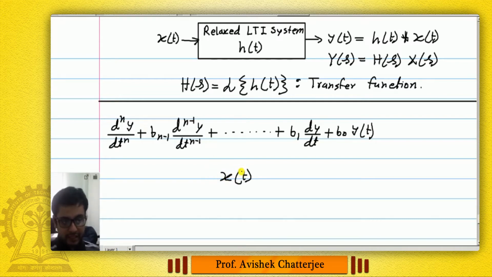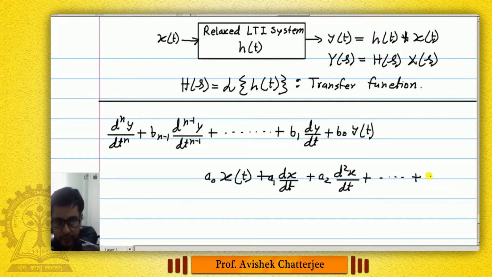We will write the input plus the derivative of input dx/dt with coefficients say a_0, a_1, then plus a_2 second derivative plus maybe up to mth derivative of the input.